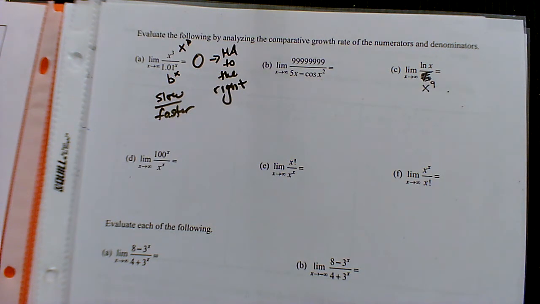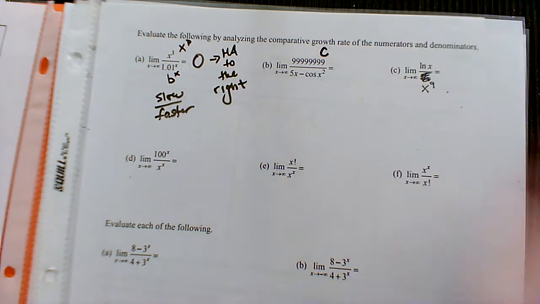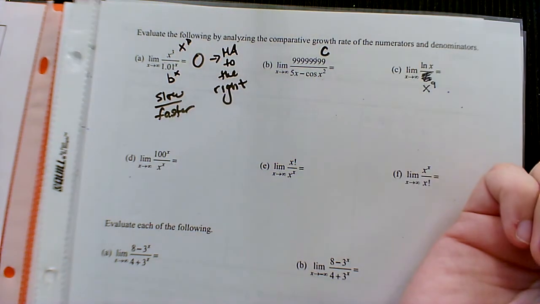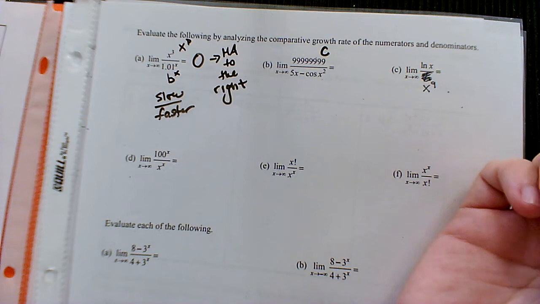Okay, let's take a look at the next one. How would you classify 999999999? What type of function? Constant. How would you classify the denominator? That's a little tricky, isn't it? Does it even matter if we classify it?